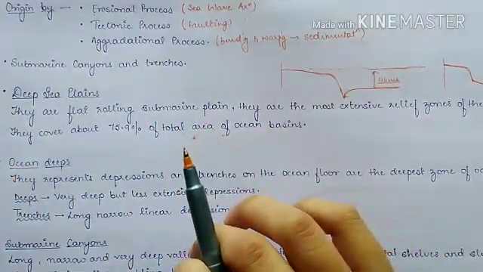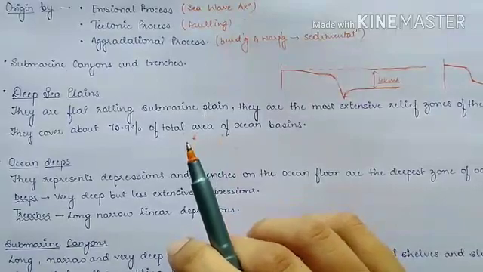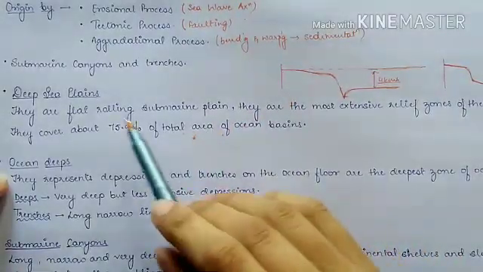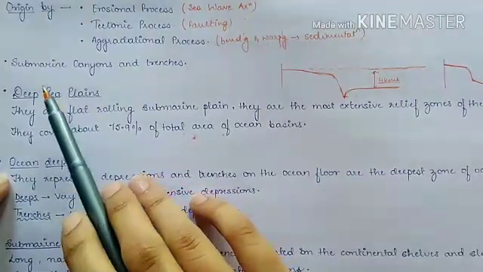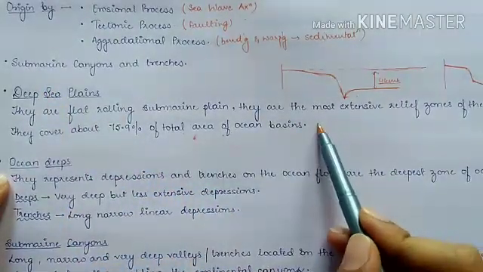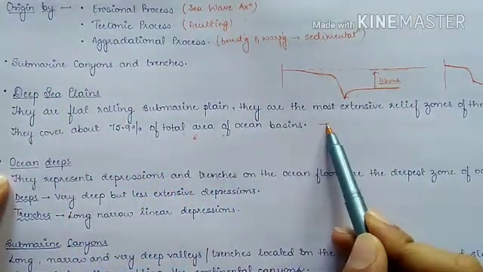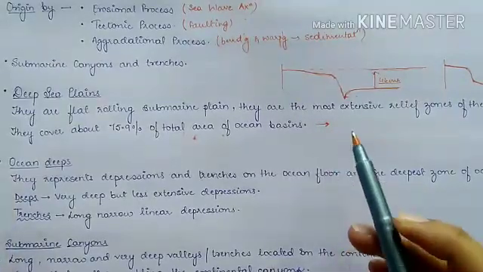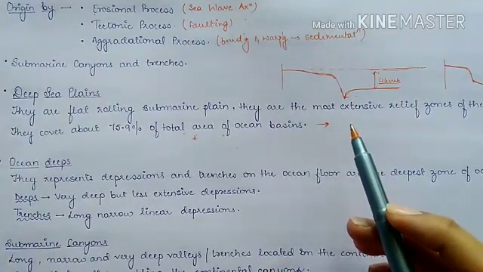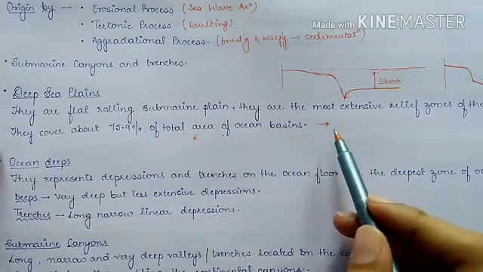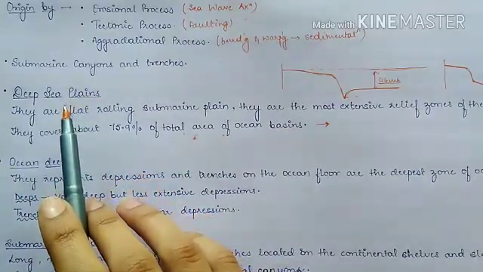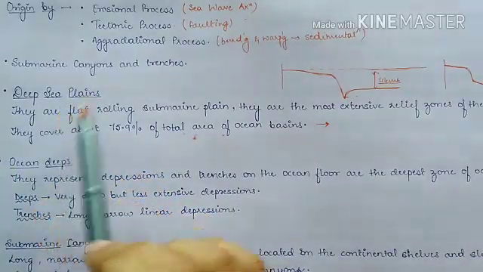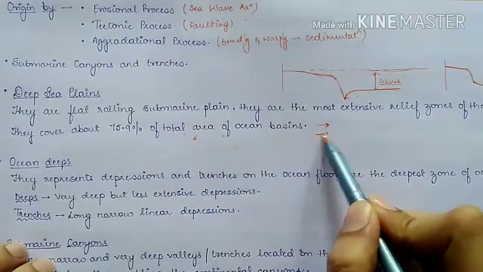Sometimes there are a few reports that we also found volcanic deposits in deep sea plains. So these three, plant remains, marine animal remains, and siliceous remains, are the main ingredients which constitute deep sea plain. And then we also have volcanic deposits.